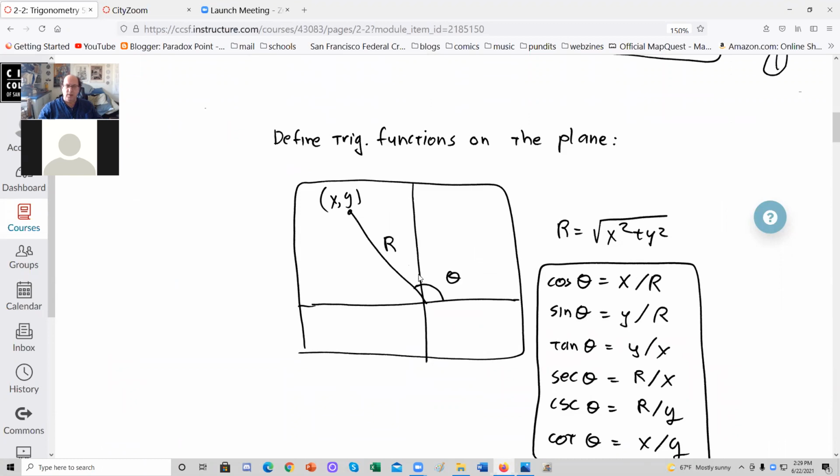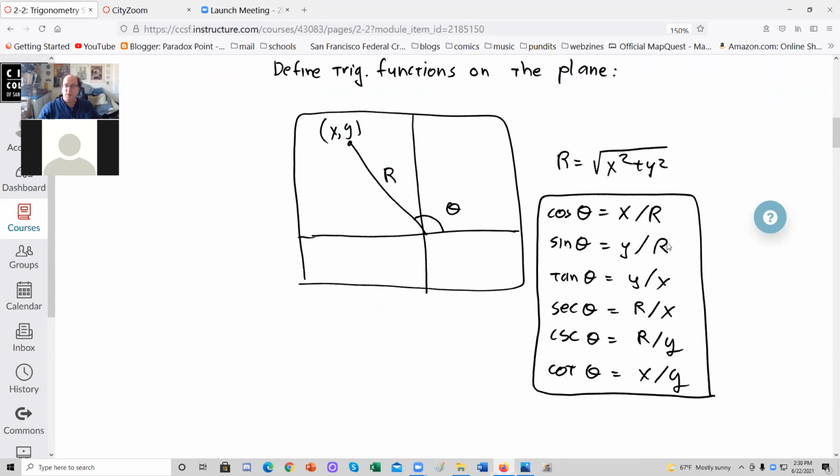We have our angle theta reaching out to (x, y), not necessarily on the unit circle, but out a distance r. Now, according to Pythagoras, r is the square root of x squared plus y squared. Then we'll have that cosine is, instead of just x, x over r. Sine, instead of just y, will be y over r. And the rest have similar relations. Tangent is sine over cosine.